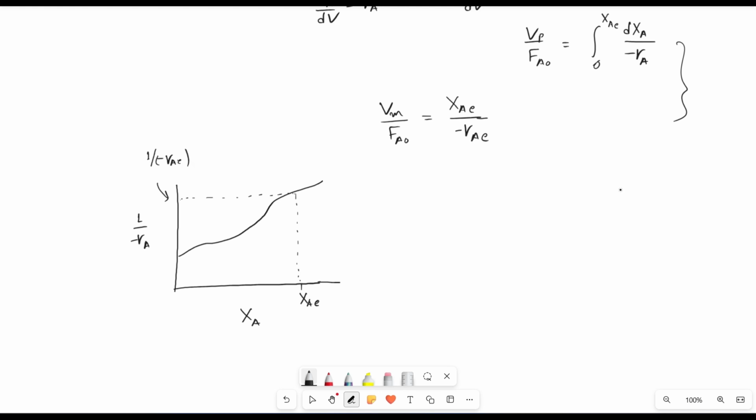If we write the CSTR expression, 1 by minus RAE into (XAE minus 0), this is the y coordinate and this is the x coordinate, and the product is V by FA naught.